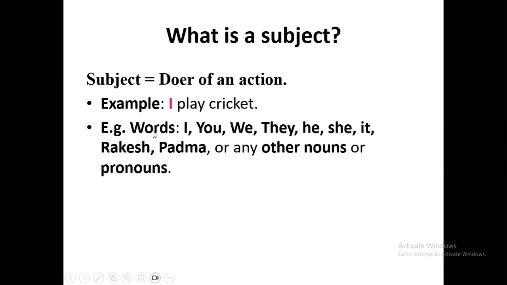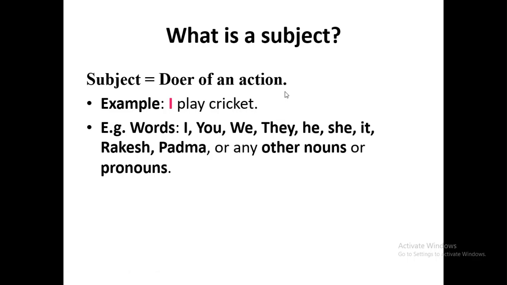Just like that, pronouns like I, you, we, they, he, she, it, even some names like Rakesh, Padma, any other noun or pronoun placed in the subjective position, is considered a subject. So the subject is the doer of an action.